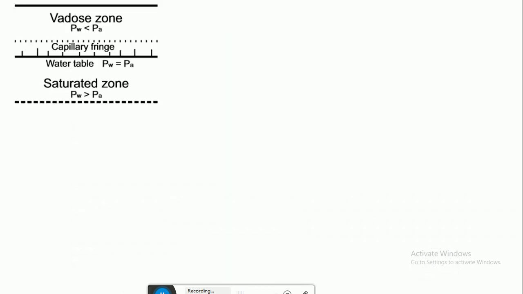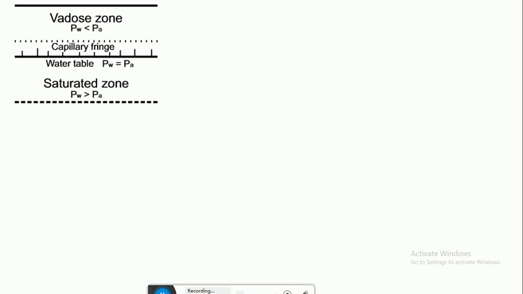Next one, the subsurface water regime, that is the storage of water, which can be explained by some concepts.